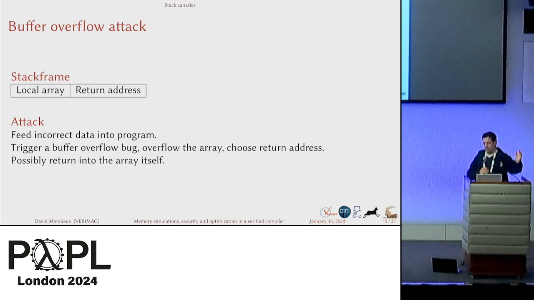For instance, you're decompressing some file that somebody sent you by email, and your code is correct if the file is correct, but the file has been intentionally corrupted, and then when you decompress, you get out of the buffer, and after the buffer, there is the return address of your function.